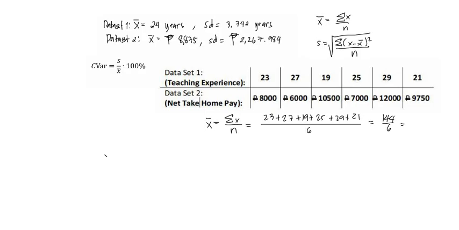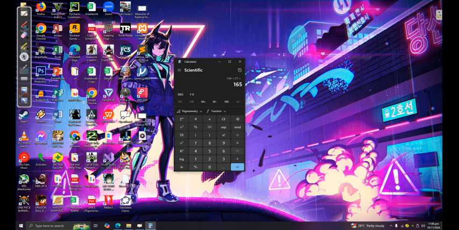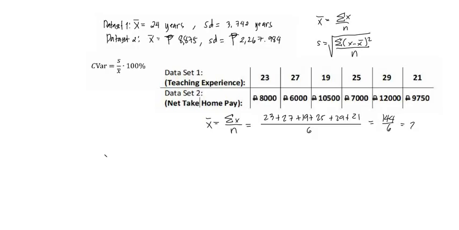So 144 divided by 6 is 24. So basically, that's our mean. That's why dito, yung mean natin is 24 years.